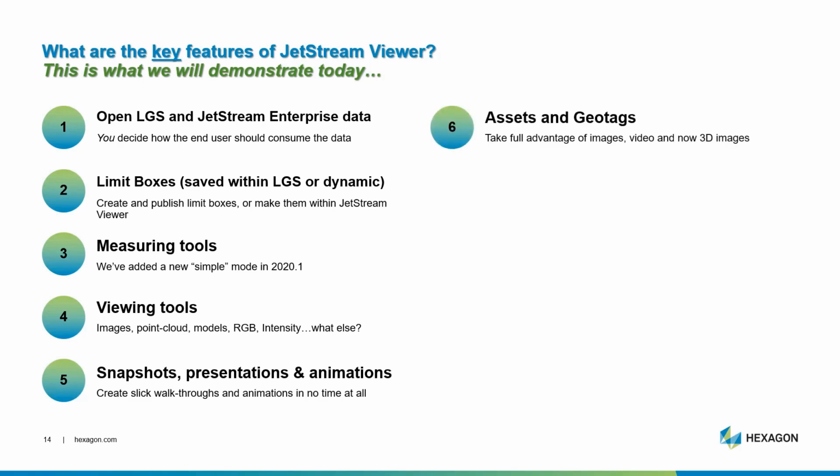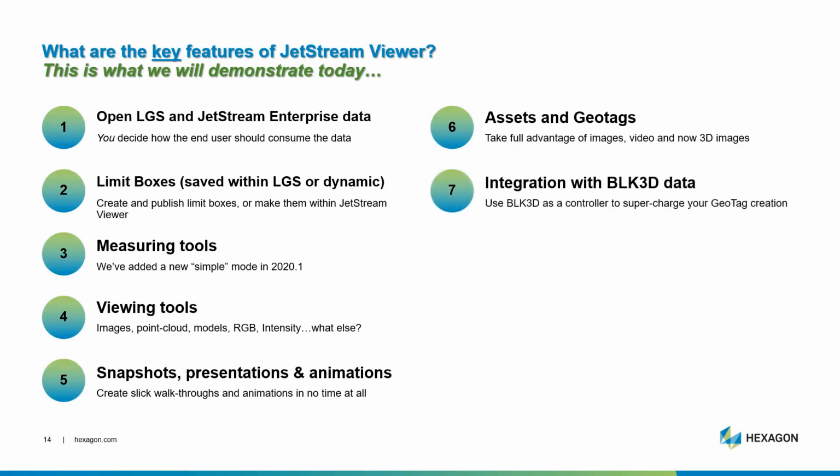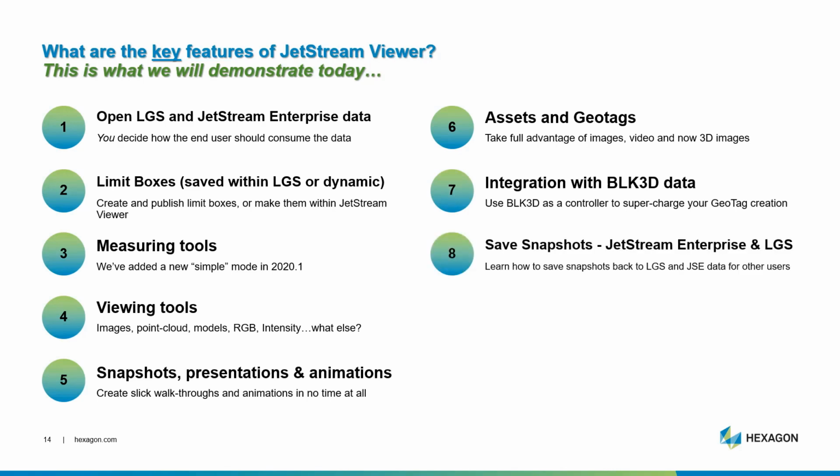Assets and geotags, that's really taking full advantage of where you've taken photos, maybe you've taken videos, or maybe you've taken 3D images with the BLK 3D, and all of that data follows through down into JetStream Viewer, and you're able to open that data and integrate it fully. Then we've got the integration with the BLK 3D, so using the BLK 3D as a controller to supercharge your geotag creation, so that's really, really nice.